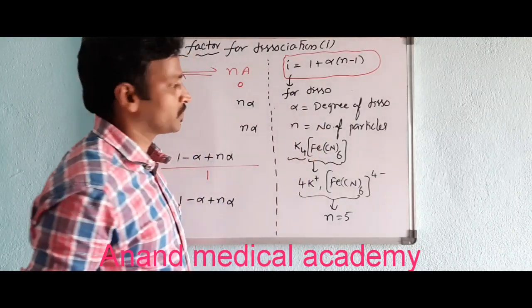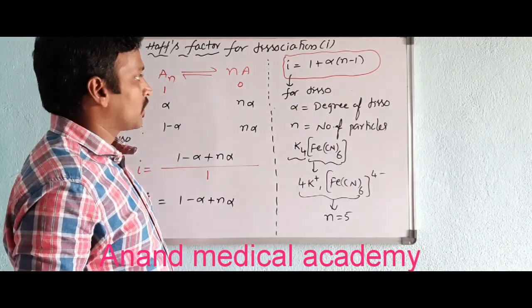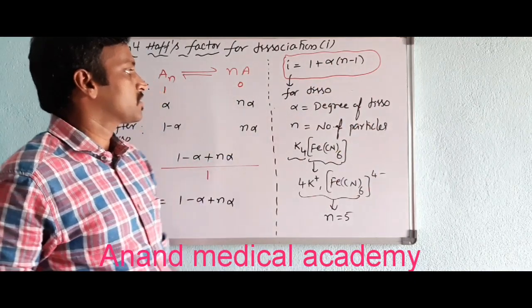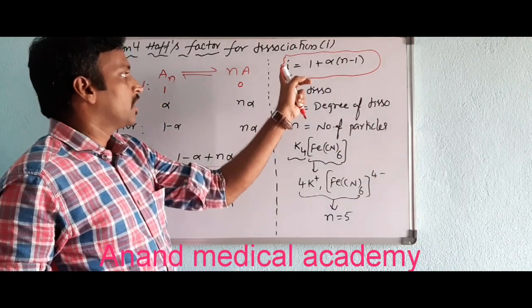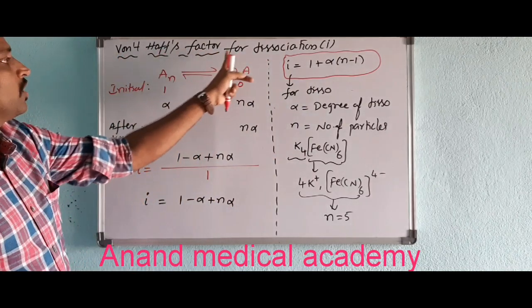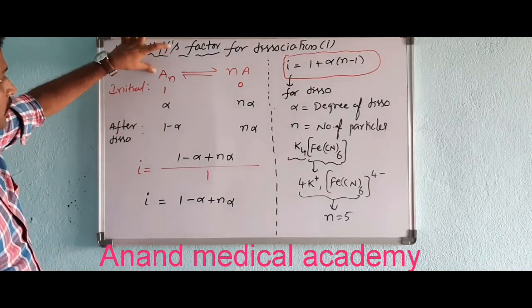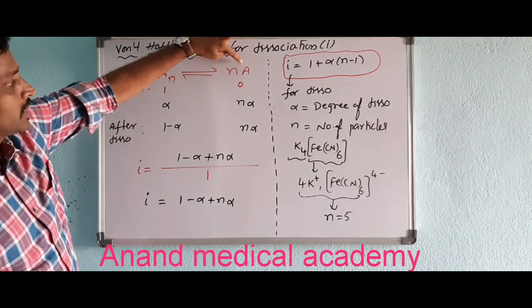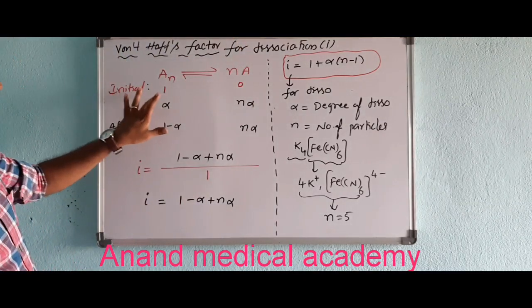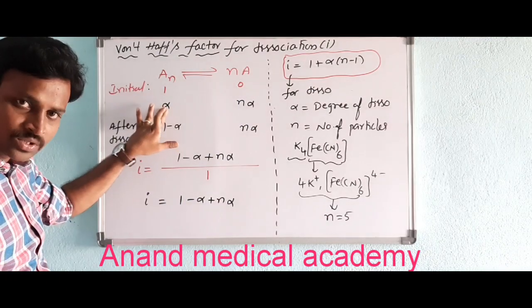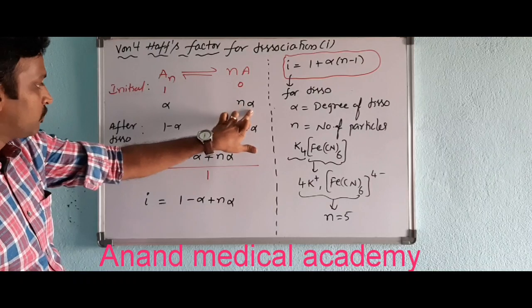Alpha is the degree of dissociation. Got it? So I is equal to 1 plus alpha into (N minus 1). This is the van't Hoff factor for dissociation. Let's go through this. A N is a salt, dissociating as N moles, initially 1 mole and 0 mole, and alpha moles undergo dissociation and form N alpha moles.